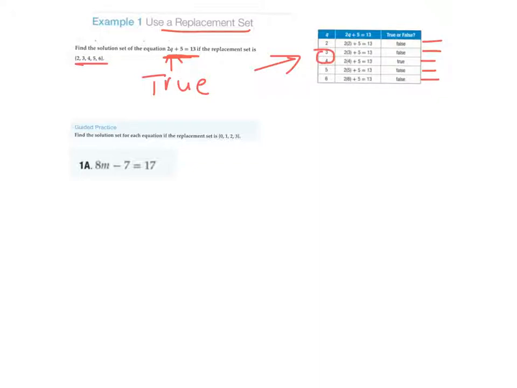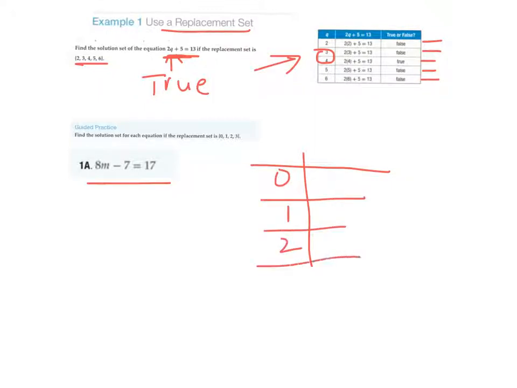So now let's look at this problem. And we're going to make a table and do the same thing. So if I'm going to put my replacement set of 0, 1, 2, and 3, I want to see if 0 makes it true or false. So if I put 0 in, does that equal 17? And that is false.